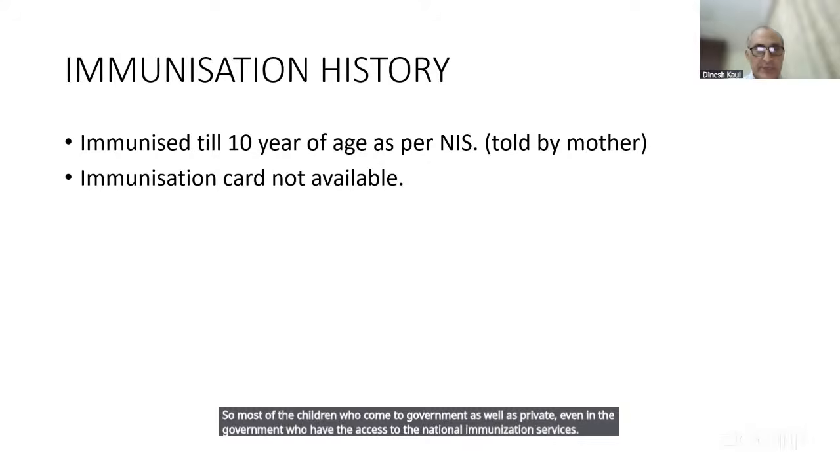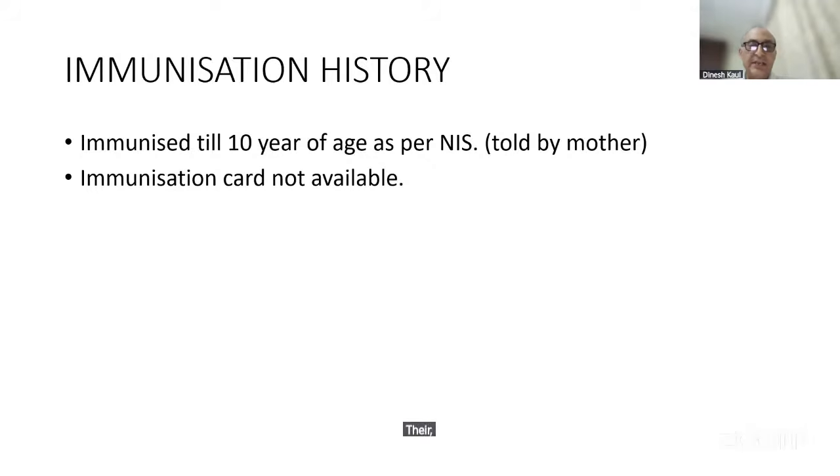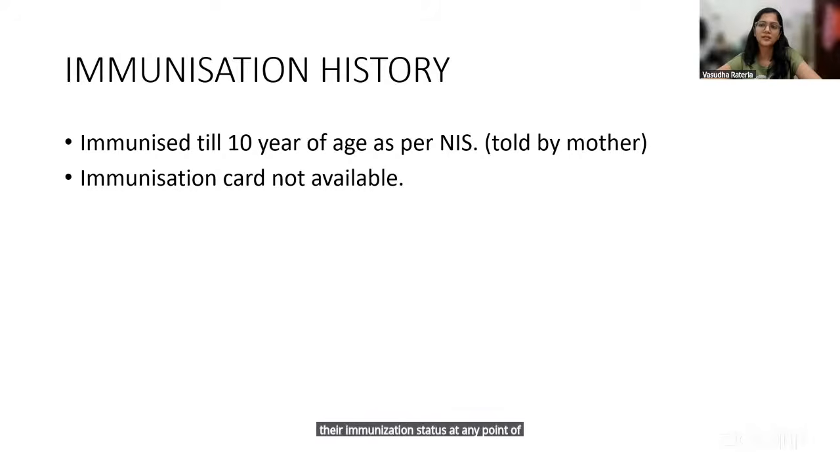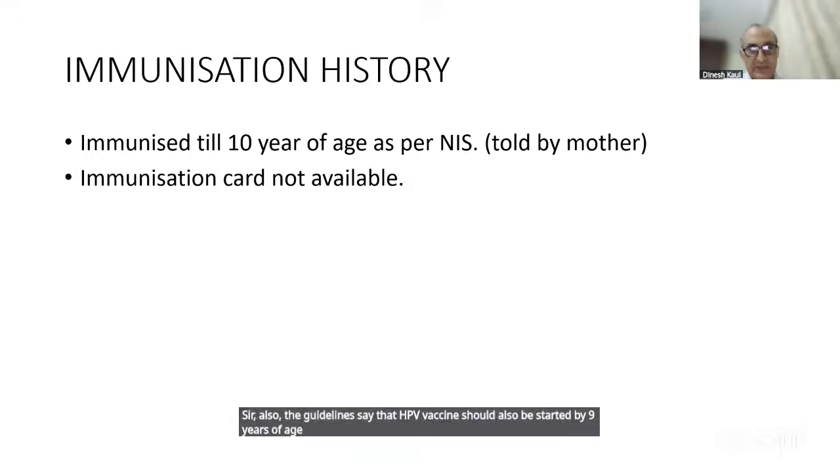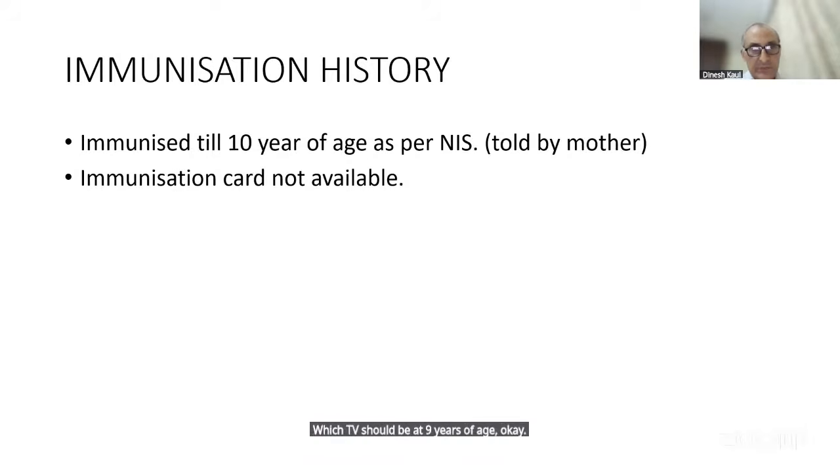So their record is being maintained in the computer, and even the parents can download their immunization status at any point of time. Sir, the guidelines also say that the HPV vaccine should be started by 9 years of age. Okay, fine.